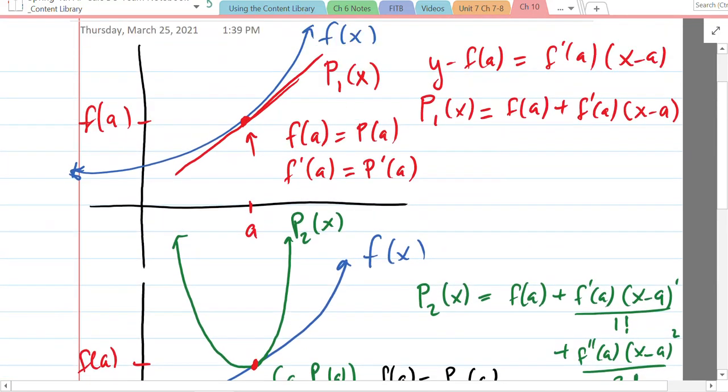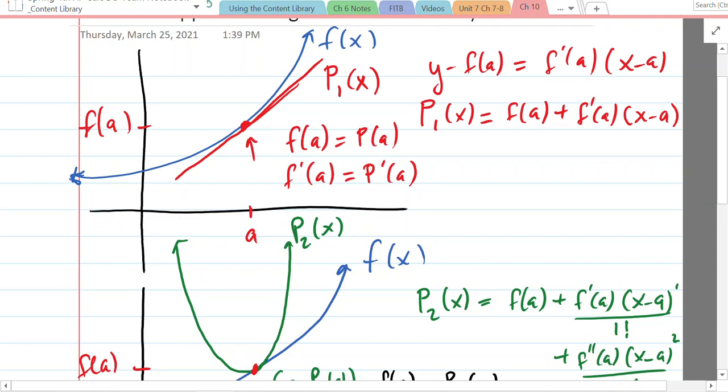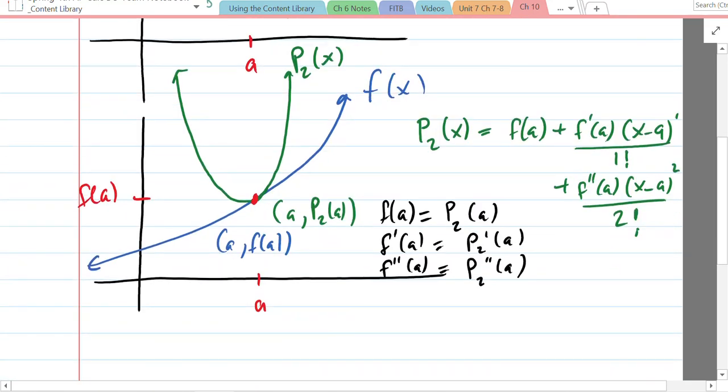And it matches up to the line. Notice the first order polynomial is f of a plus the first derivative at a times x minus a to the 1 power over 1 factorial. Then for the second order approximation, you add on the second derivative times x minus a squared over 2 factorial. And we can do an nth order polynomial.